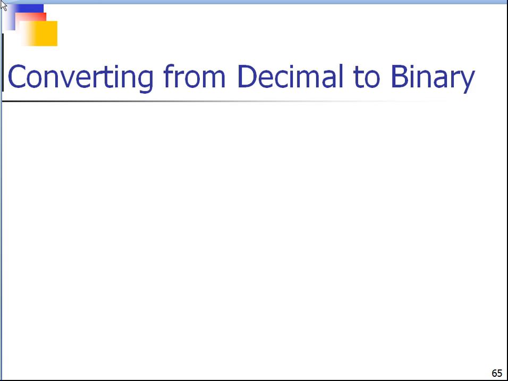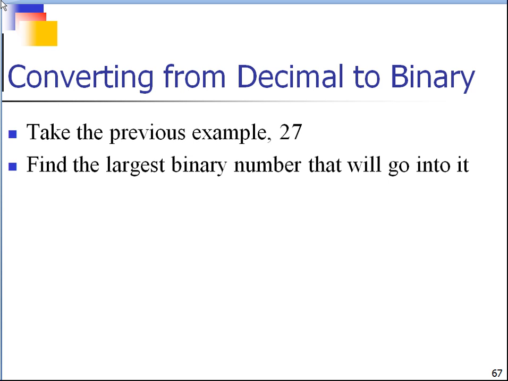Let's go through the steps you might use to do the reverse. As I was preparing this lecture, I realized this is something I've never covered before. Maybe a good idea to do that. Let's take our previous example, the 27. How can I convert this back to binary? I'm just going to suggest the procedure, and you should try to figure it out yourself.